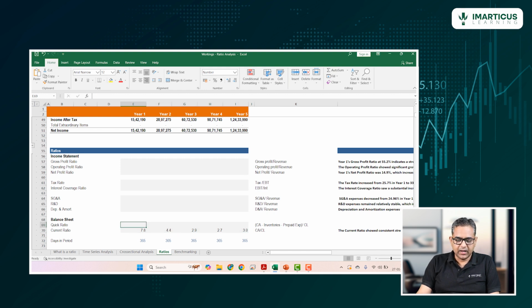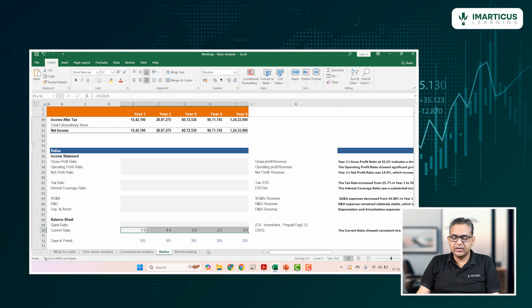Our analysis of the current ratio data could be that the company has significant ability to pay down its current liabilities using current assets. In fact, it is much more than what the company may ideally need, right? If it is closer to 1 or slightly higher than 1, that would be enough. But here we are talking about 7.8, 4.4, 2.9, 2.7, and 3, which is very high.